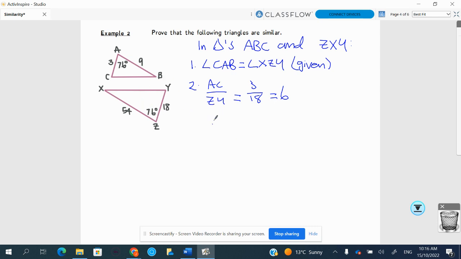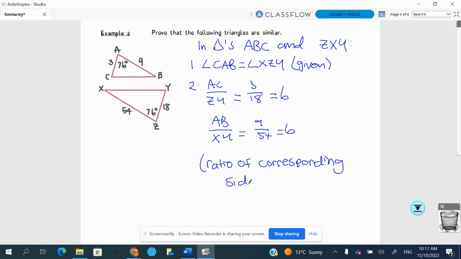So we'll go AB over XY is 9 over 54, which is also 6. So we can say here that the ratio of corresponding sides are equal.